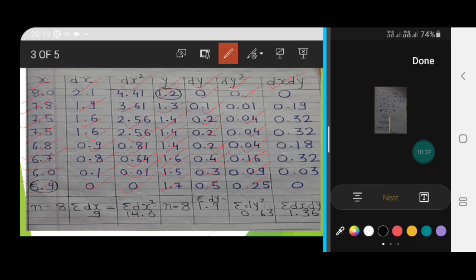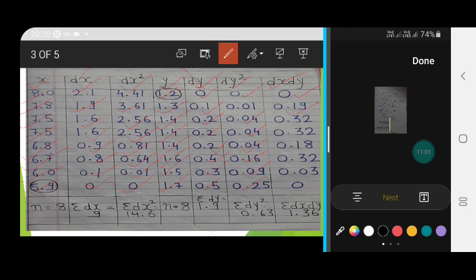Now what's the next column? dx dy. How do we find the values under this column? We just have to multiply the dx column with the dy column. The first one is 2.1 into 0, so we have 0. Then 1.9 into 0.1 gives 0.19.